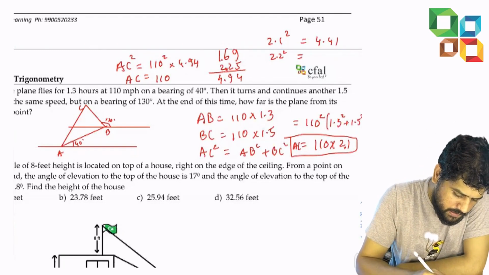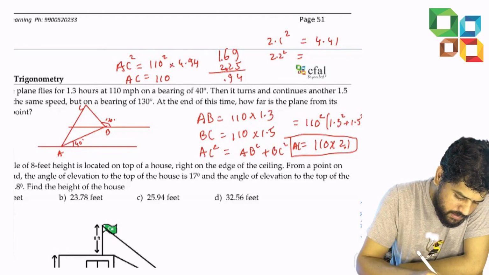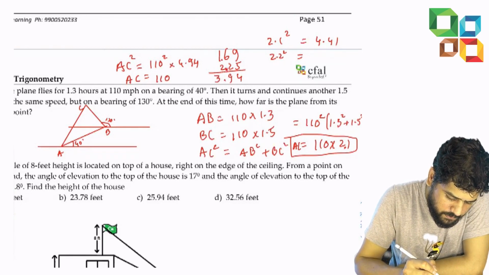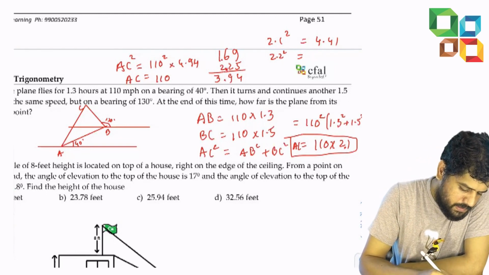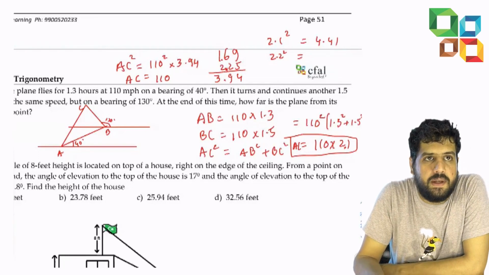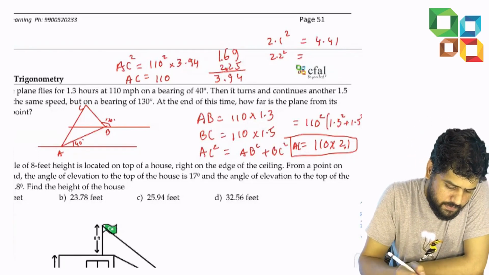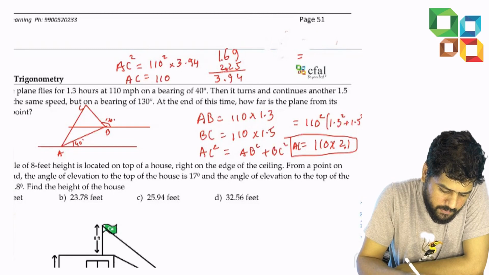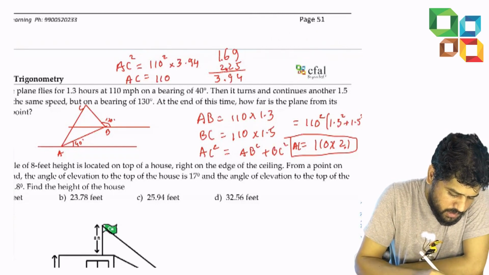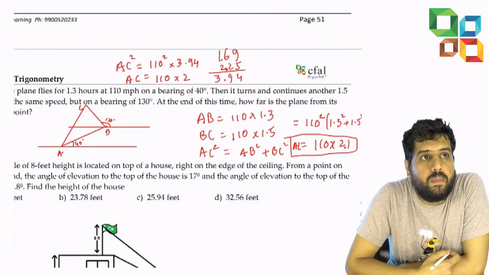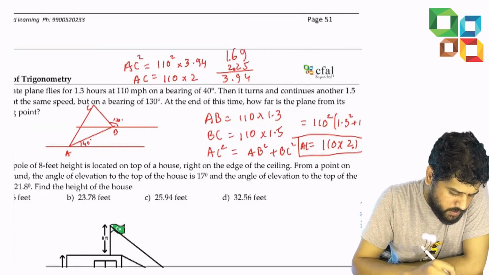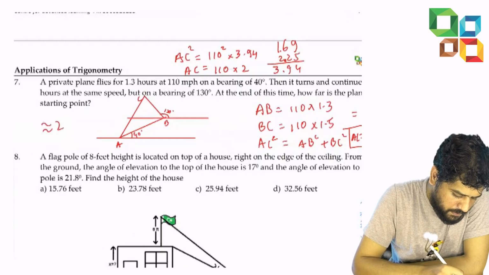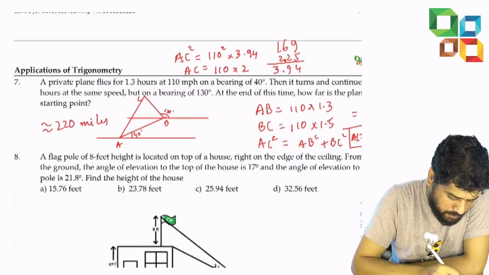Sorry. 3.94. So if it's 3.94, then approximately 400, which is approximately 2, so this is approximately 20. Okay. So AC is approximately 220 miles.